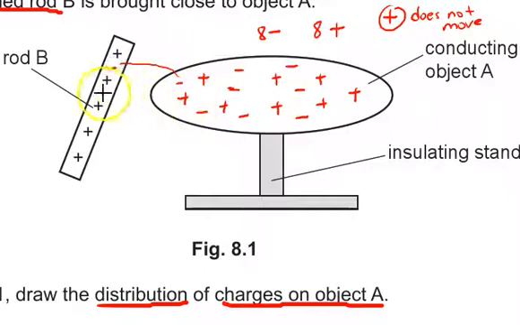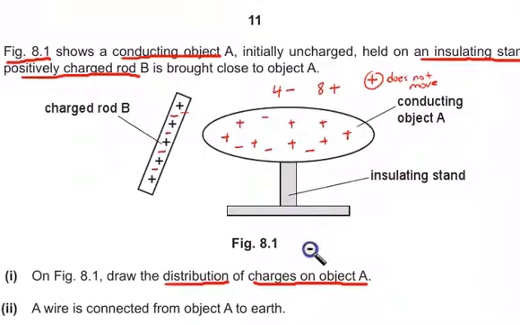So we just have to erase some negatives. Make sure you put more positive here and less negative. So now we have 8 positive, the positive remains, and then you have 4 negative charges. This is your explanation for both B and A, but the question is only asking about A.